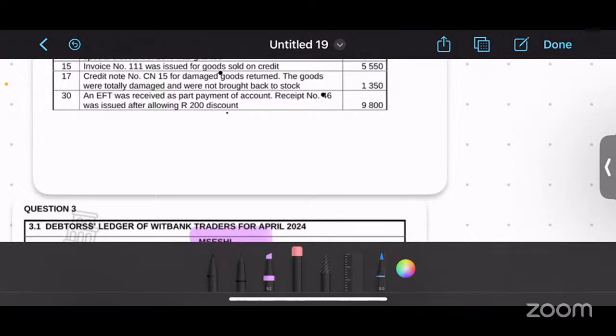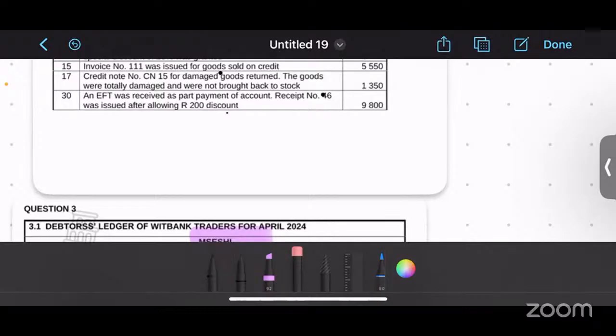And let's hear from Umpile. Umpile, what is it that you understand from that? We are going to take the 200 for discount and subtract it with the 9,800.